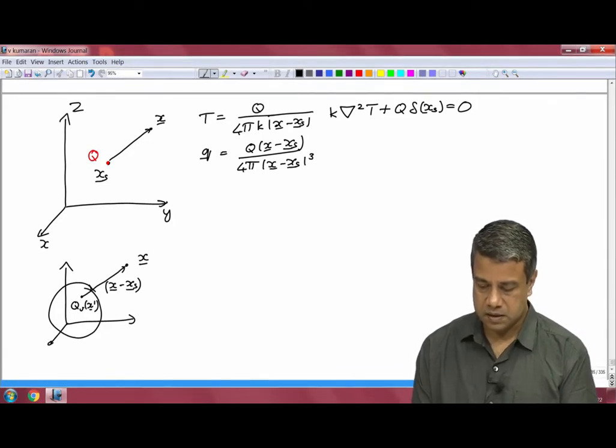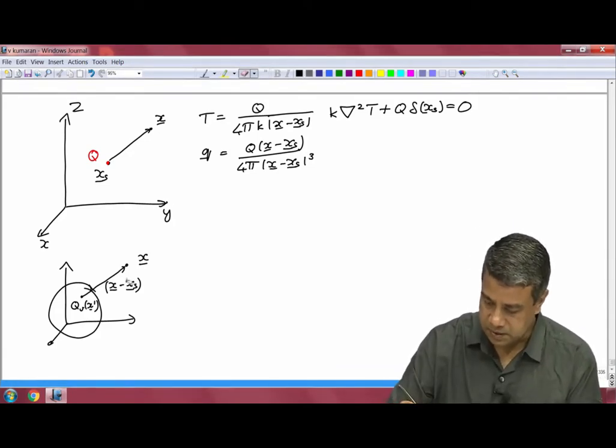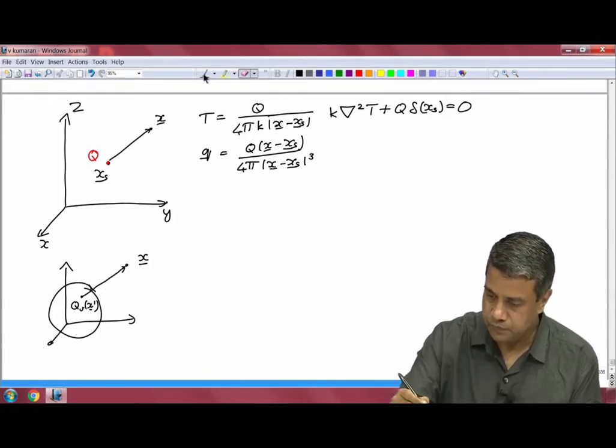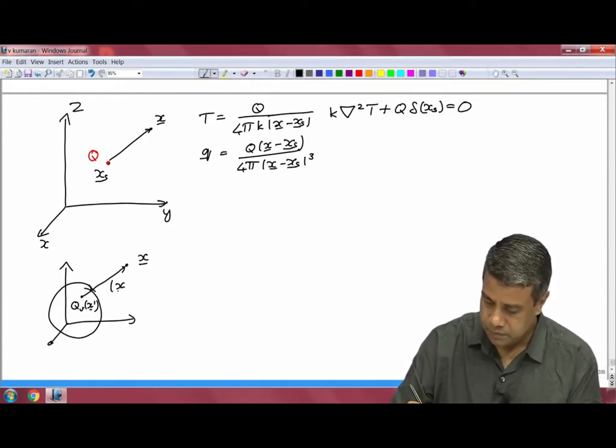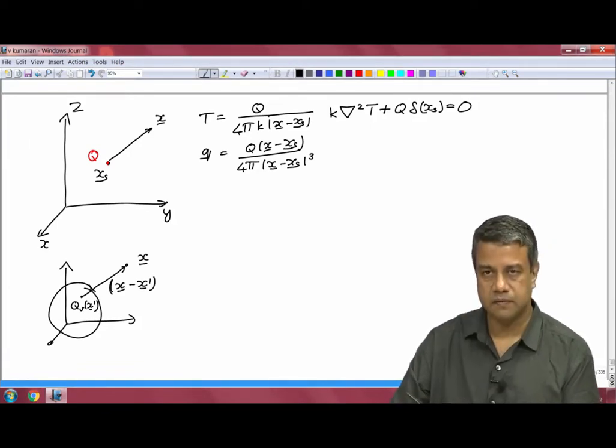So I should write this as x prime. That is the vector distance.